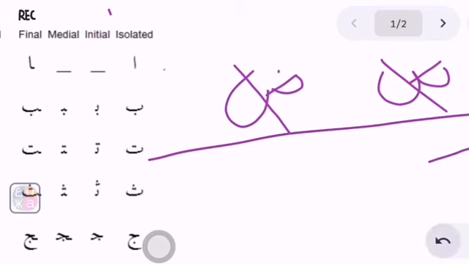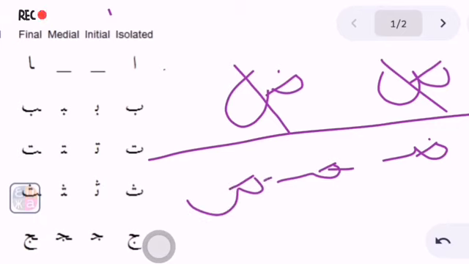And if it is dad, there will just be a dot there. This is the way they appear at the beginning of any word. In the middle, they appear like this, and at the end, they come back to the original structure, because you're no more connecting any letter again. So this is how your sad and dad become.